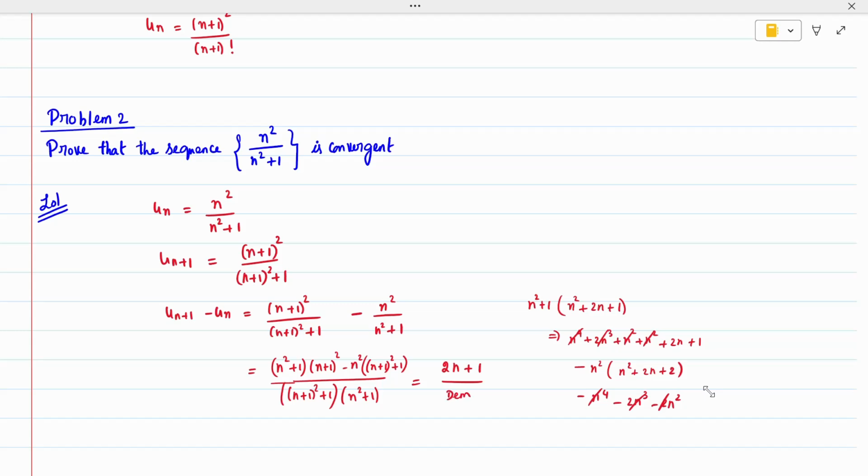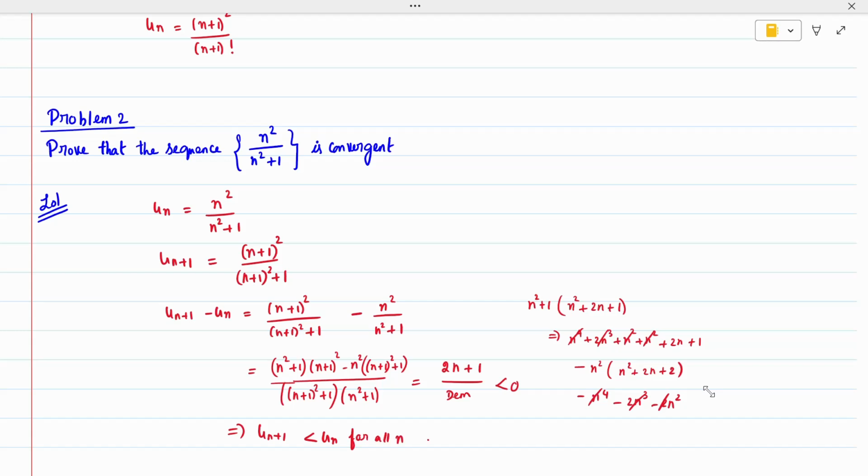Okay. So now we have to check whether it is less than 0, and yes. So n equal to 1, 2, you apply and check, it's less than 0 only. So it's less than 0 for every n, for all n. So what is the meaning of this? un plus 1 is less than un for all n.